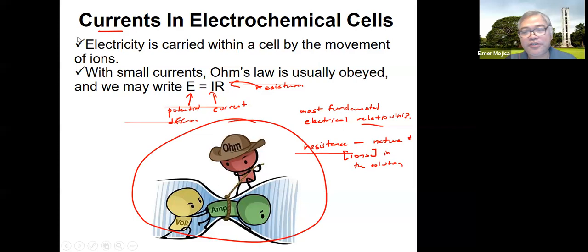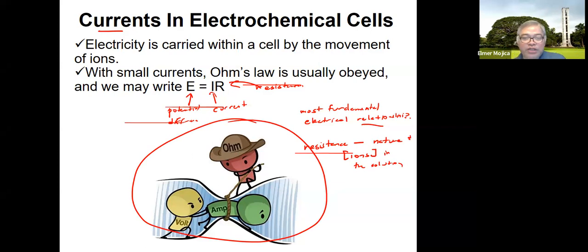So Ohm's law serves to define the unit of resistance as well as the resistance itself. 1 ohm of resistance is the resistance present when 1 volt of potential is required to cause a current of 1 ampere.